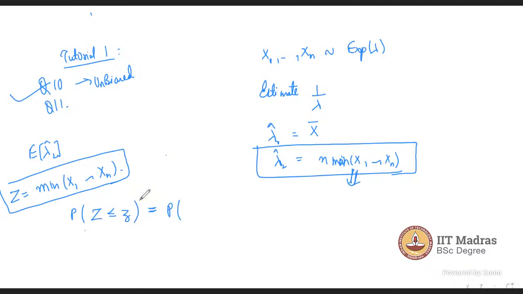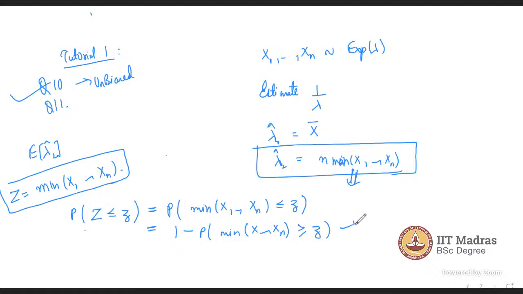In this case, Z is the minimum of x1 to xn, and this is less than or equal to z. Now again, what will you write? 1 minus the probability that the minimum is greater than or equal to z, right?